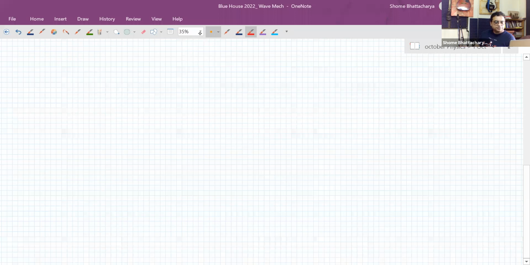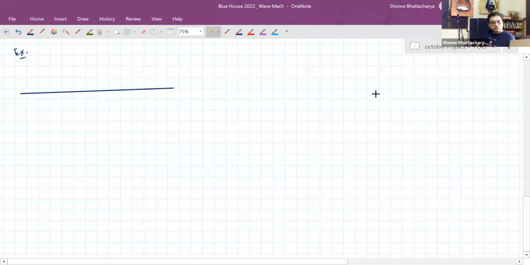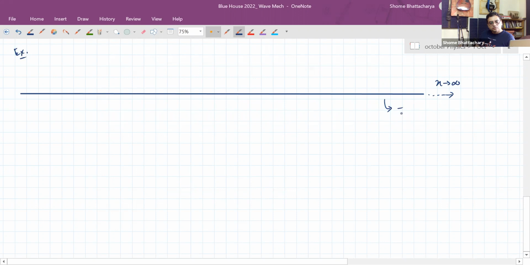Okay, let's do another example. So this time what we have here is a spring going to infinity, which is under a tension of 100 newtons and has a linear mass density of so much.